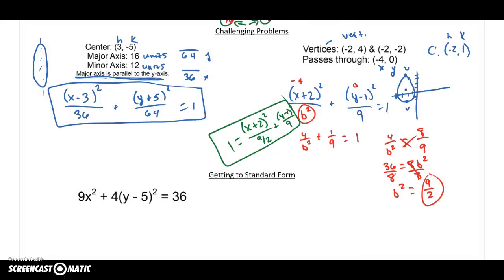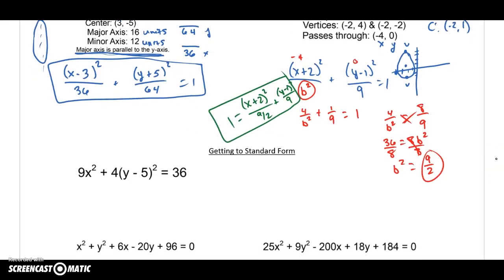Okay, we'll do one more quick one and then we'll get into completing the square. So this one's not too bad. This kind of looks like it would be an ellipse, but I don't have any denominators underneath my x and y, and I'm not equal to 1. So I can make the right side equal to 1 by just dividing by whatever you see. So dividing by 36 gets me 1. 9 over 36 is 1 over 4. 4 over 36 is 1 over 9.